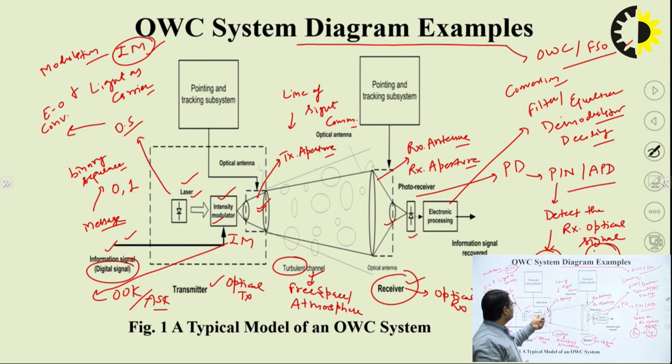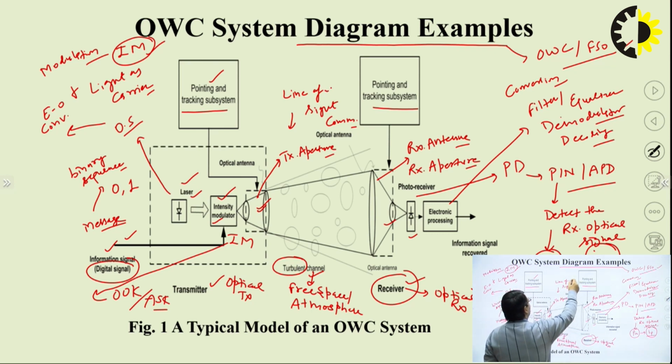To ensure that the transmitter side is properly aligned with the receiver side, we use a system known as positioning and tracking system, both at the transmitter side as well as the receiver side. This is to ensure this line of sight communication. If the transmitter part is not properly aligned with the receiver part, then there will not be proper capturing of the light intensity by the photodiode or photodetector and the performance of the FSO communication system will also degrade.